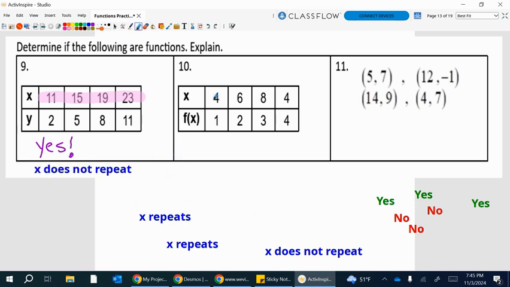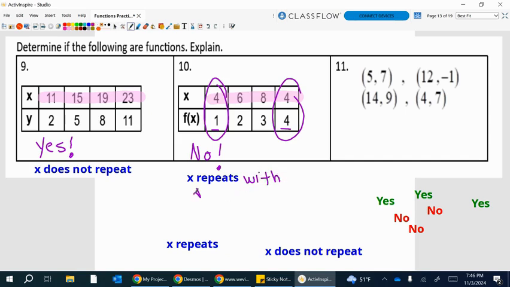Here I'm going to highlight the x again. I have 4, 6, 8, and 4. I see that 4 is repeating, but let me check my y value. 1 and 4. They are different, so this is going to be a no, and that is because x repeats, and once again that's with different y.